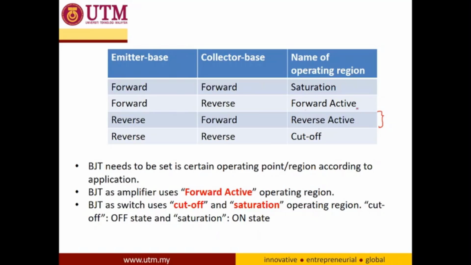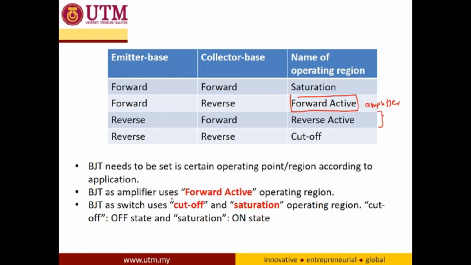This means the emitter-base should be forward biased and the collector-base should be reverse biased.